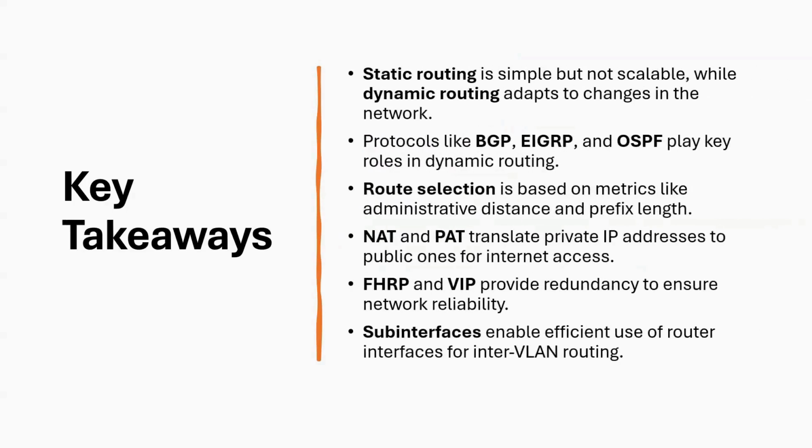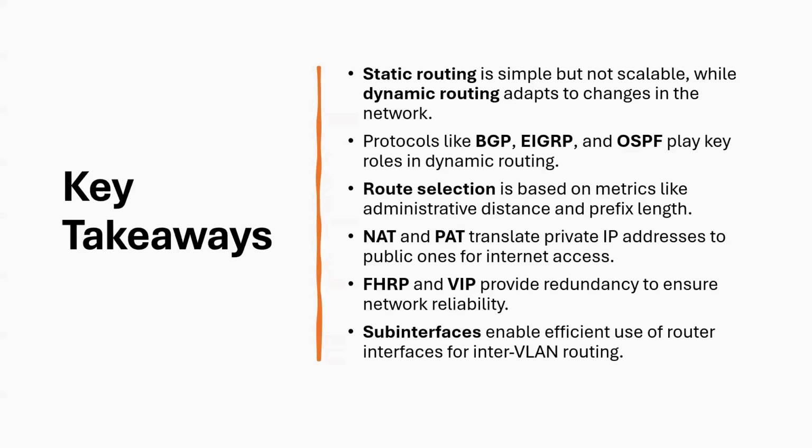Before we wrap up, let's quickly review what we've covered. Static routing is manually configured, while dynamic routing uses protocols to automatically adapt to network changes. BGP, EIGRP, and OSPF are key dynamic routing protocols that play different roles in different types of networks. Route selection is based on factors like administrative distance, prefix length, and metric.